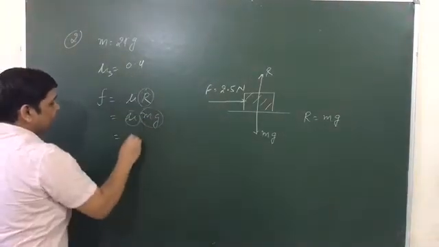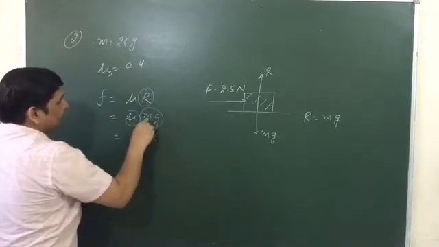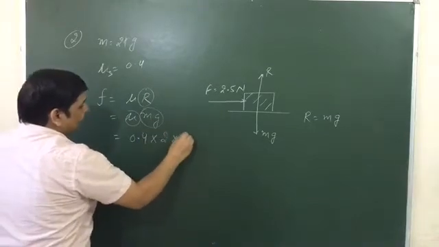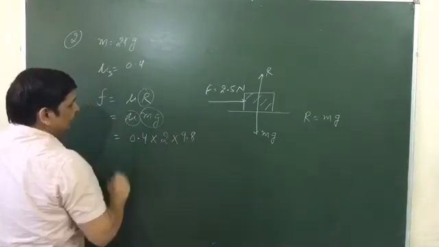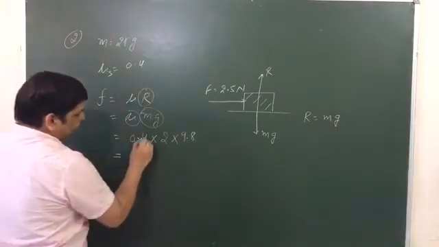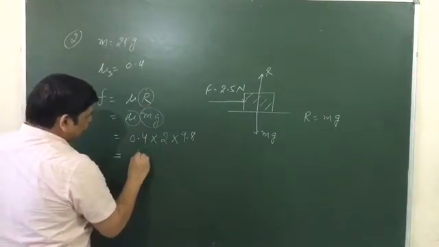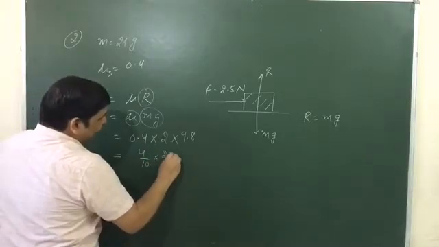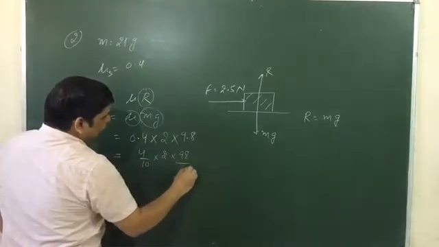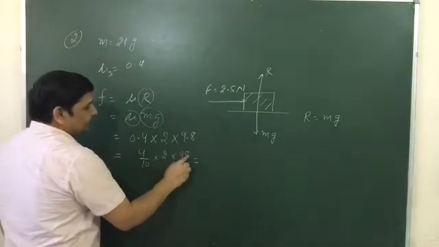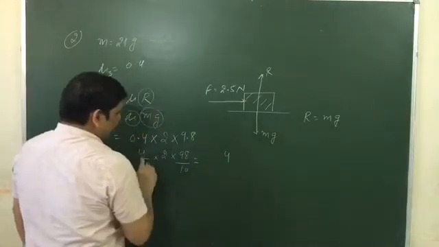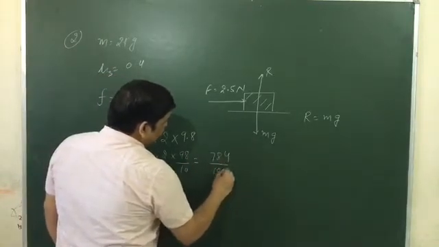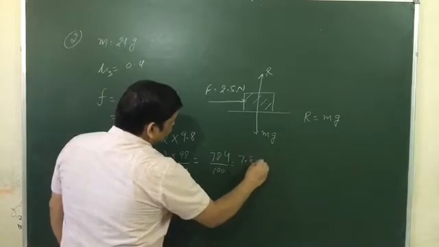Mu is given 0.4, mass is given 2, and g is given 9.8. Therefore, 4 by 10 into 2 into 98 by 10, which is 7.84 Newton.